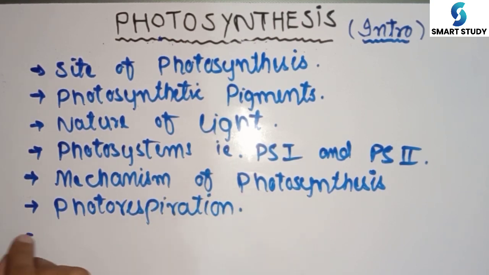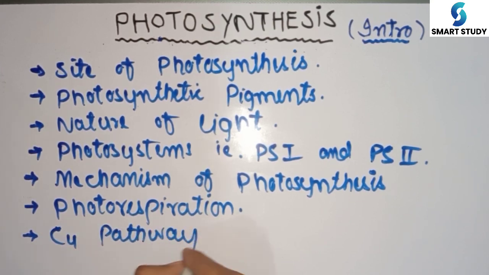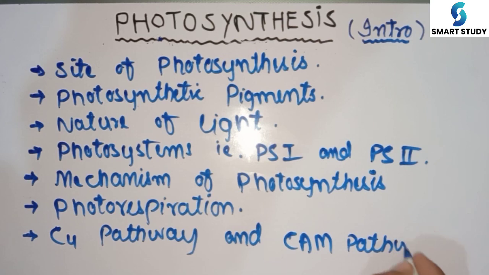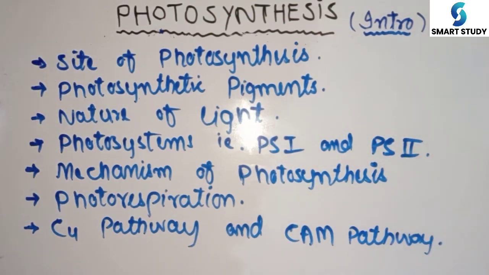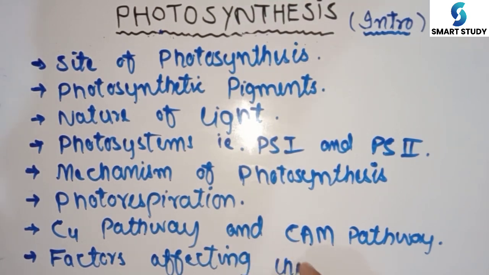And after photorespiration, we will be talking about C4 pathway and CAM pathway. After CAM pathway, we'll be talking about different factors which affect the rate of photosynthesis. Factors affecting the rate of photosynthesis.